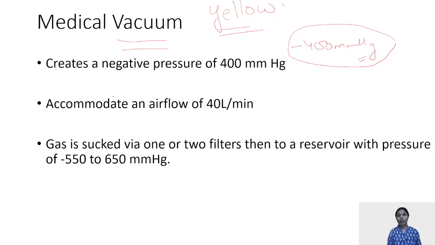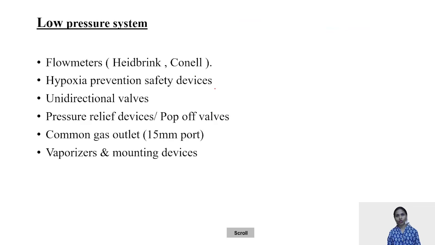This can accommodate an airflow of up to 40 liters per minute. This is of course an edge question, but what you have to remember is yellow stands for vacuum and the negative pressure it generates is in the range of minus 400 mm Hg.